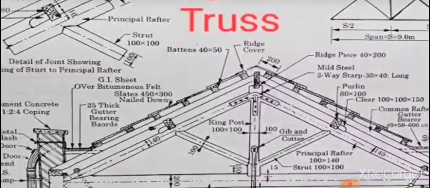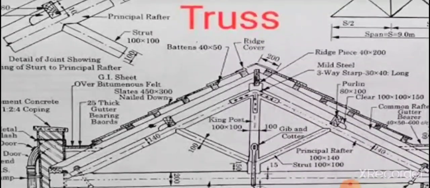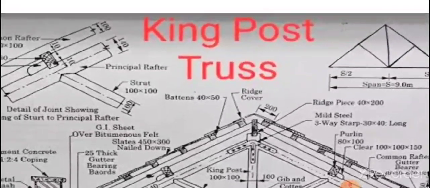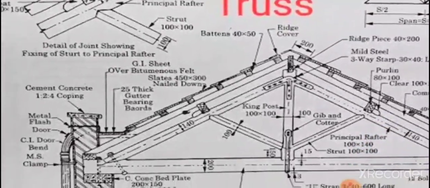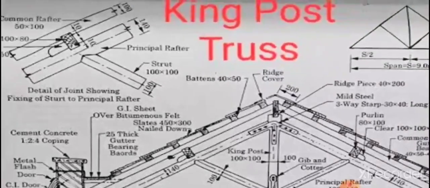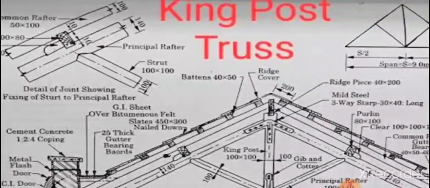So how many battens are there? 1, 2, 3, 4, 5, 6. 6 battens are there on the left side and 6 battens are there on the right side. So you draw the battens as 40 millimeter by 40 millimeter squares only.